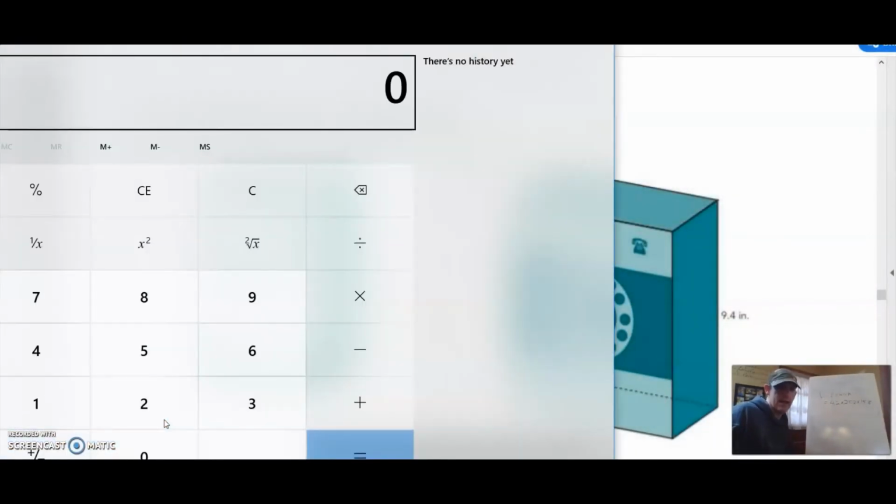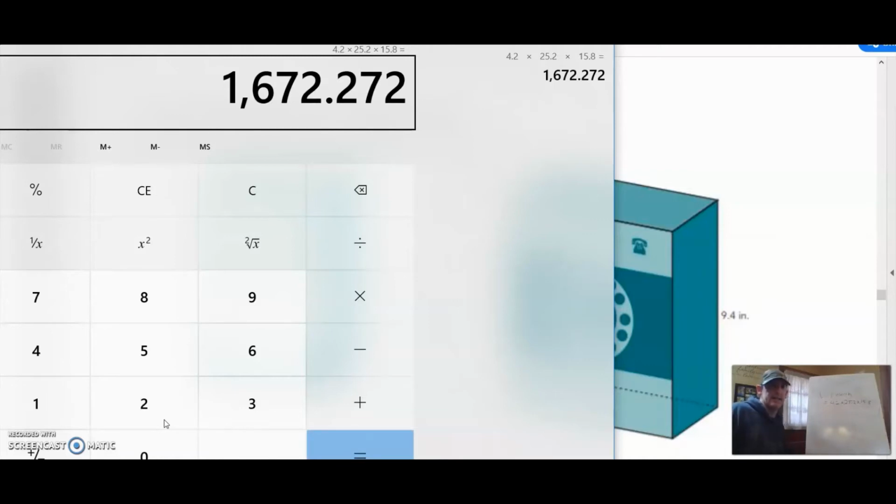Okay, so I'm going to go to my calculator. I'm typing in the numbers, 4.2 times 25.2 times 15.8, and we get the answer 1,672.272.